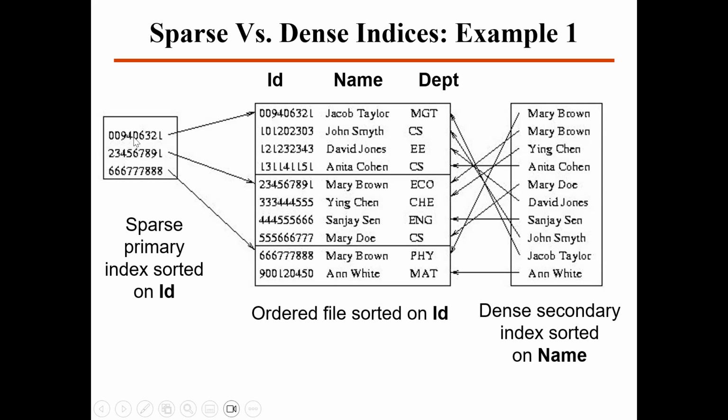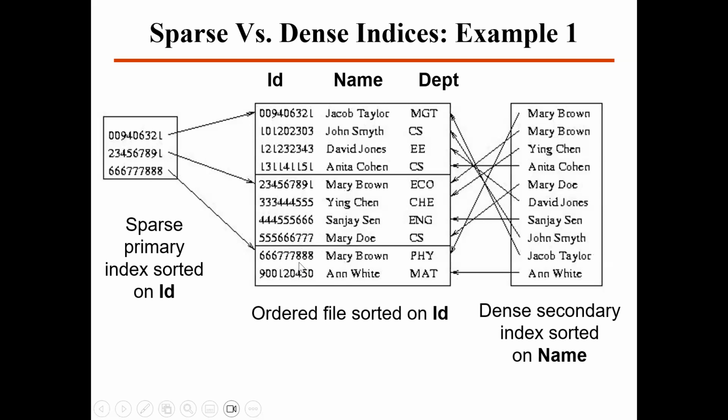From the index, I am pointing to the first value in the block. Because they are arranged in ascending order, it becomes easier for me to search for the rest of the records in the block. So I make only one link entry. This is called the primary index that we have made on the sorted IDs.